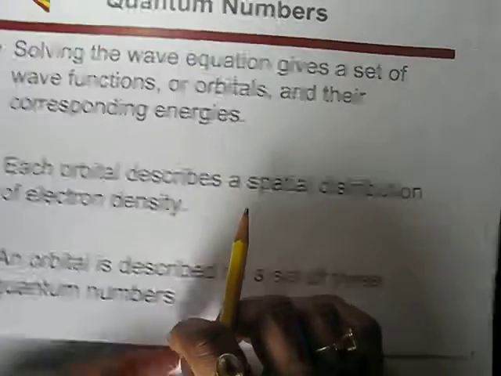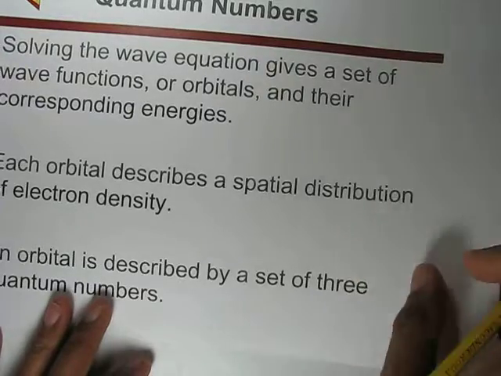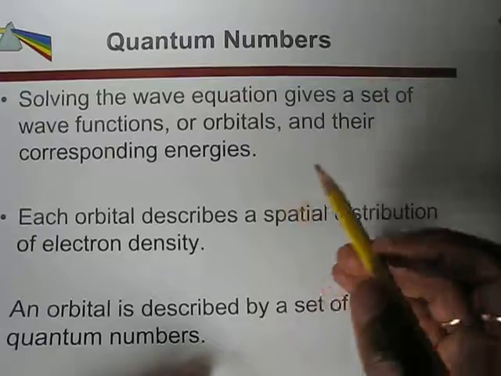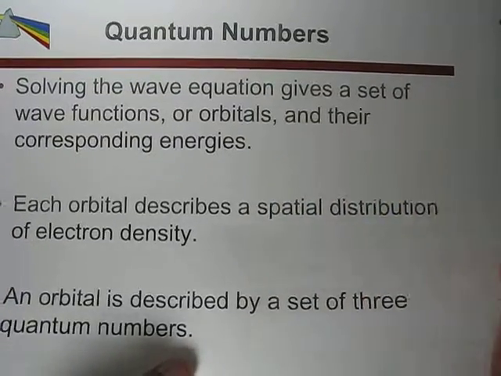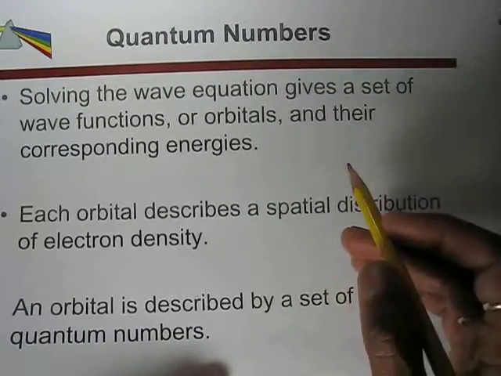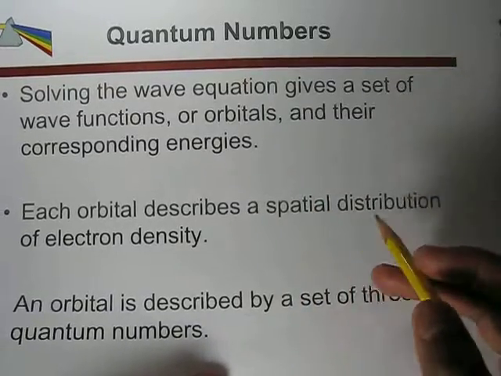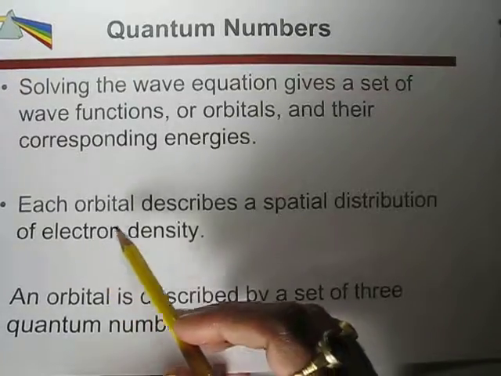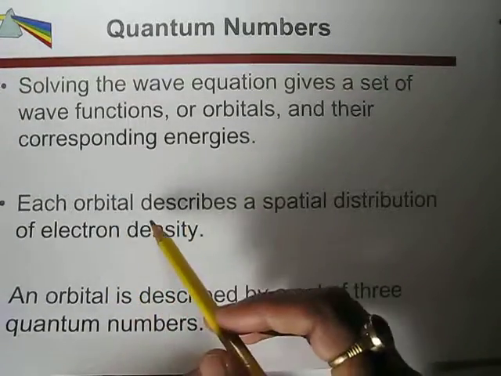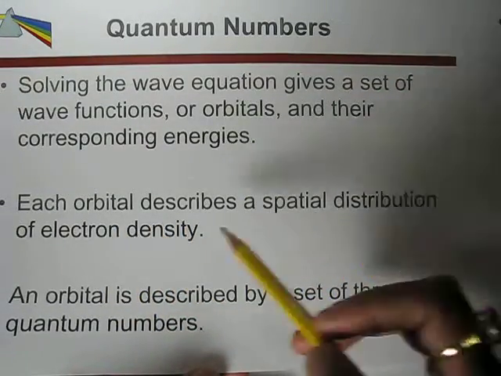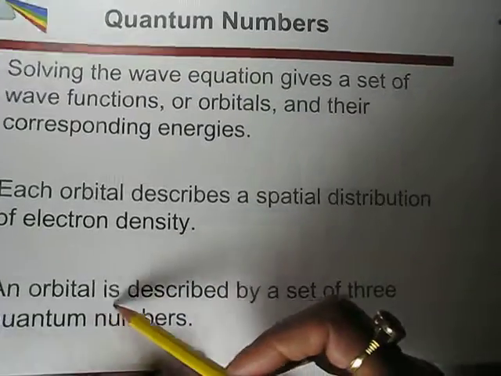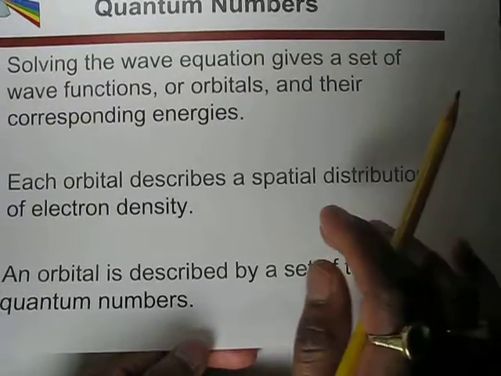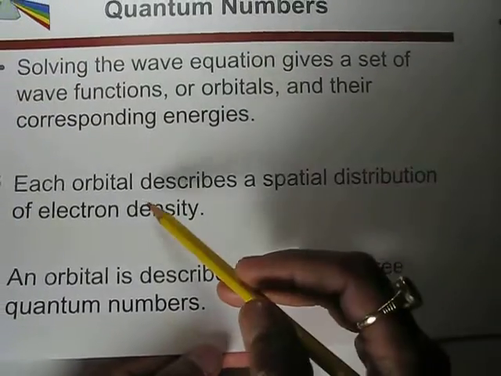It basically describes where the electron will be located in an atom, and the mathematical expression gives you the exact location or probability of finding the electrons in 3D space. Each orbital describes a spatial distribution of electron density, so the area where the probability of finding the electron is highest is called the orbital.